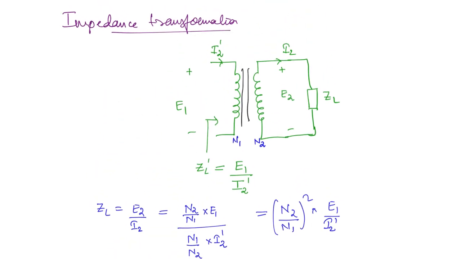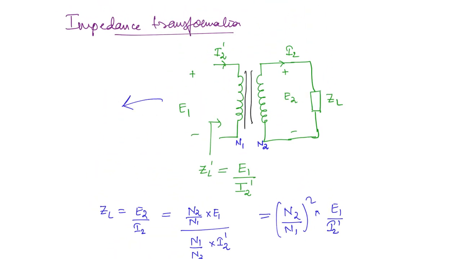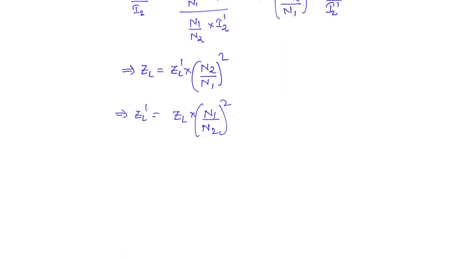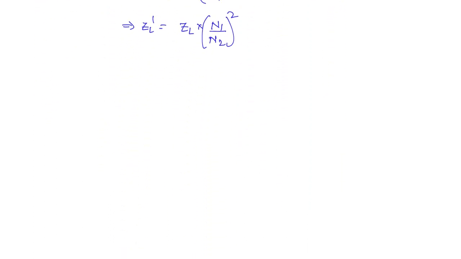So what will happen to this circuit? This circuit you can draw with an impedance here whose value is ZL dash, this voltage is E1 and this current is I2 dash, okay. So in general any impedance can be referred to either side, okay.